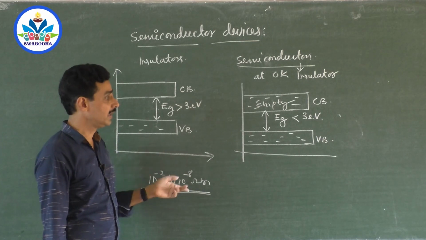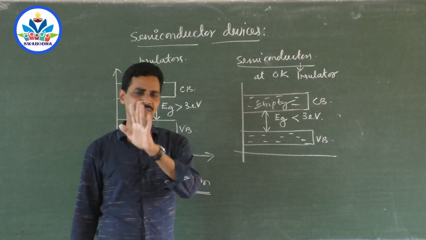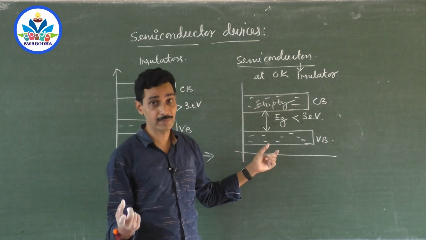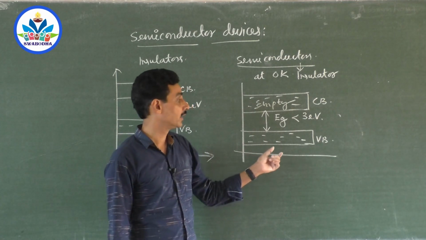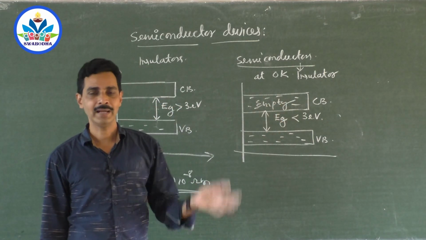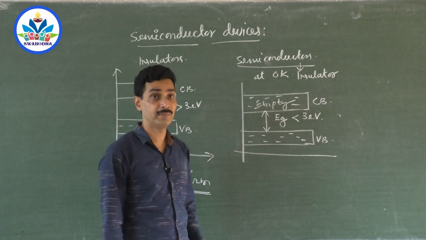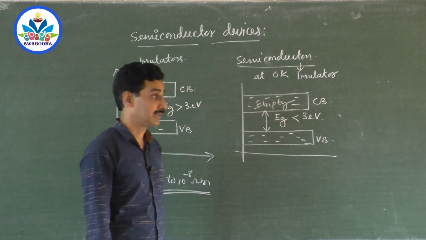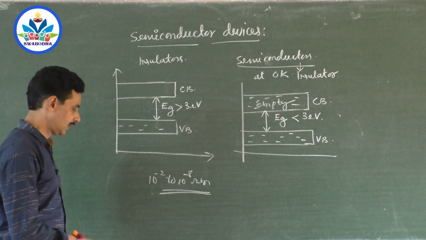But in semiconductors at 0 Kelvin the conduction band is empty, it is a perfect insulator, and the valence band is filled. But at room temperature, since heat energy is available, electrons may absorb heat energy and go to the conduction band, and that leads to conduction. So at 0 Kelvin it is very similar to an insulator.